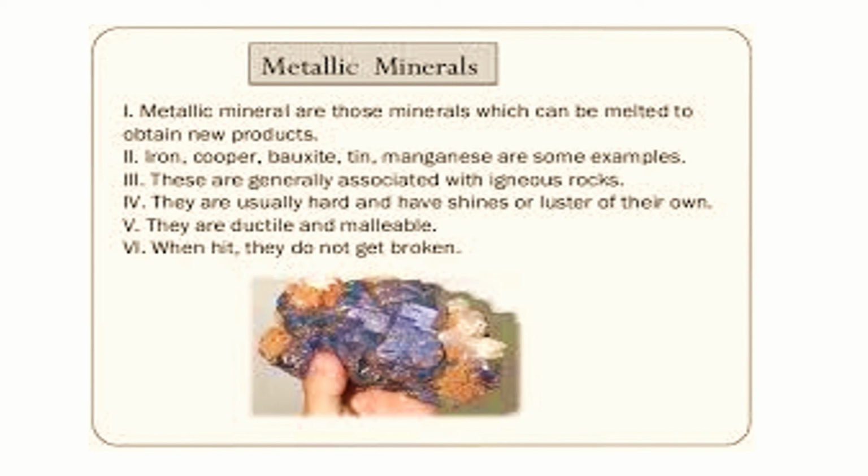Metallic minerals, children, are minerals in which metal elements are present in their raw form. That means these ores can be melted and a new product can be formed. They are generally found in igneous or metamorphic rocks.